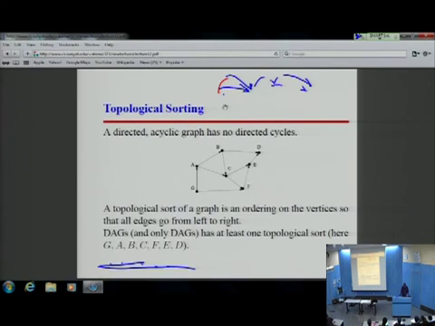G to A, there is an edge there, and G to B, and C, and F, and E. So in this particular topological sort, there happens to be a very special property that it is a path in the graph. That is in general not the case.